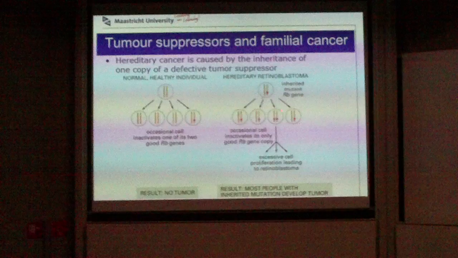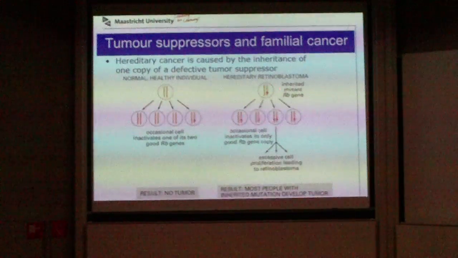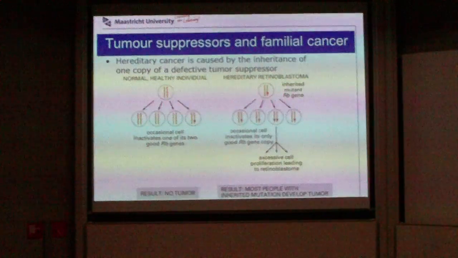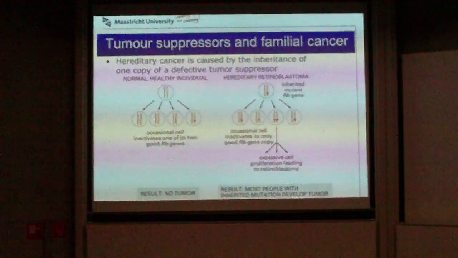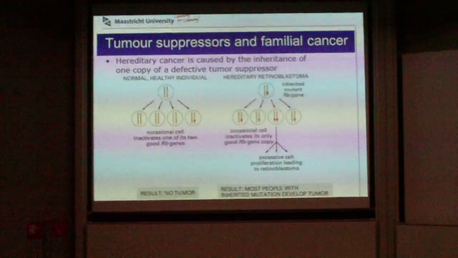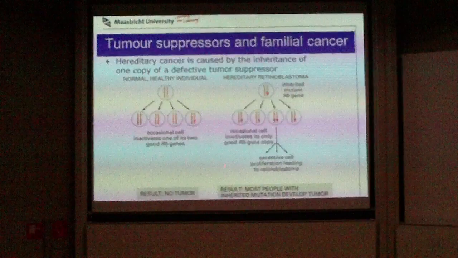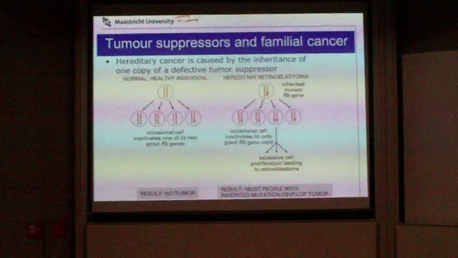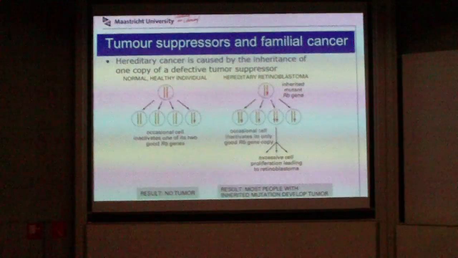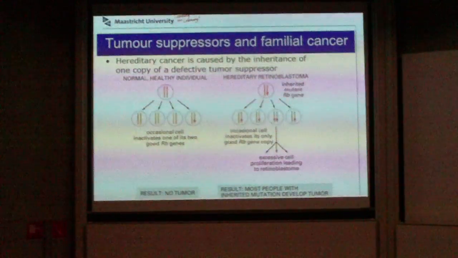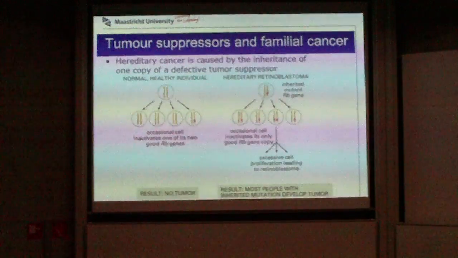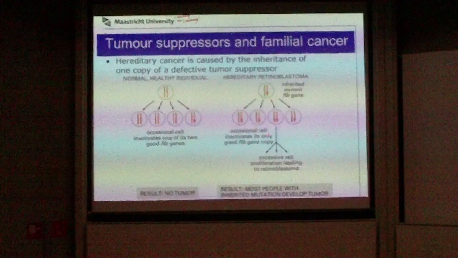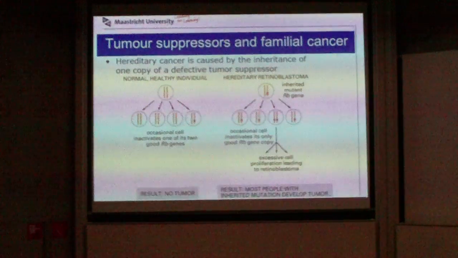And so occasionally, if you have inherited this genotype, then in this copy you can have excessive cell proliferation leading to retinoblastoma, and the likelihood that that occurs is much higher because you already have in all of your genes this single mutated copy.